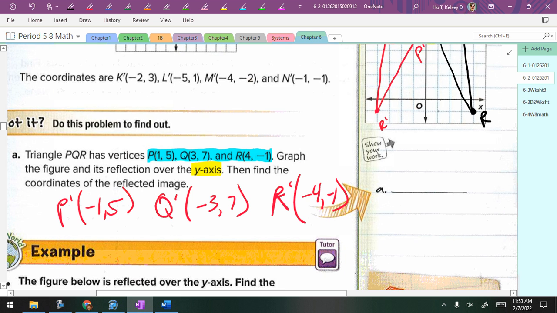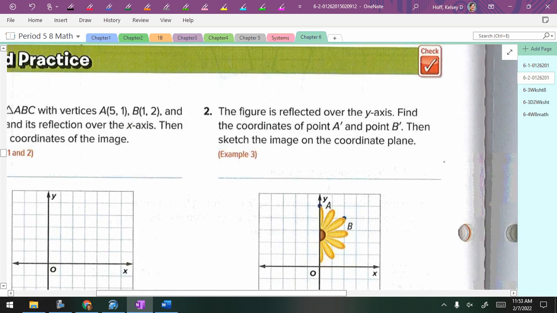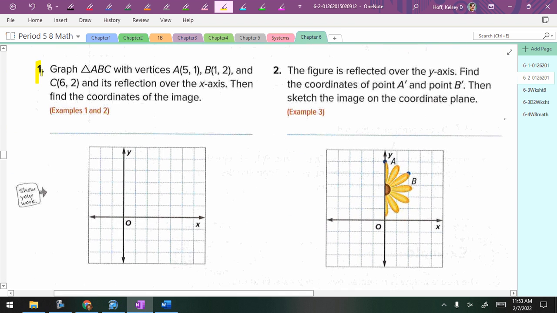All right, flip to page 464. On your own, start to finish, do this number 1, and then I'm going to check it. Read carefully.